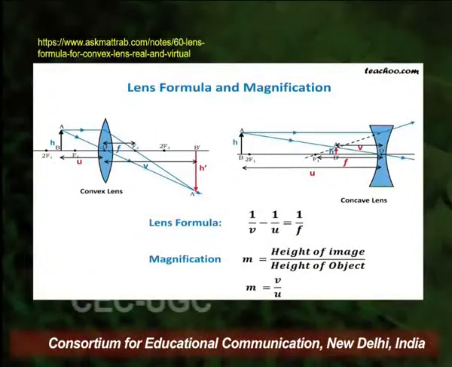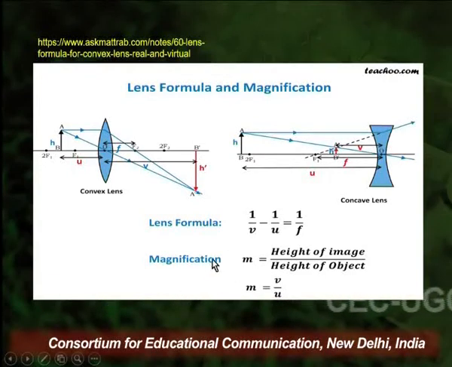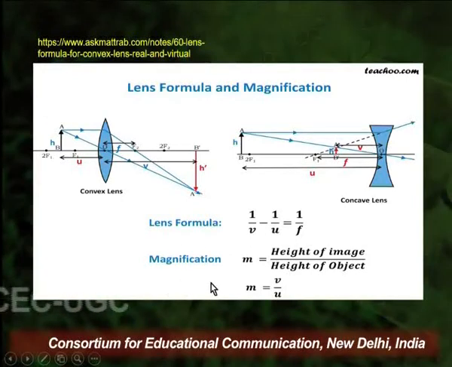In this diagram, you could see that the magnification of any object is nothing but the ratio of the height of the image created upon the height or the length of the original object.